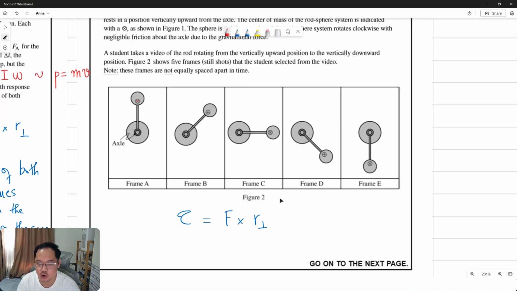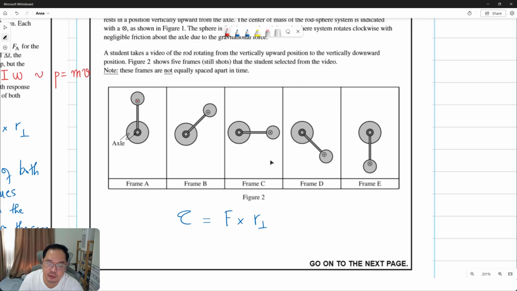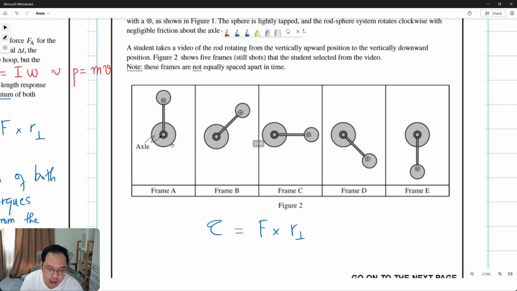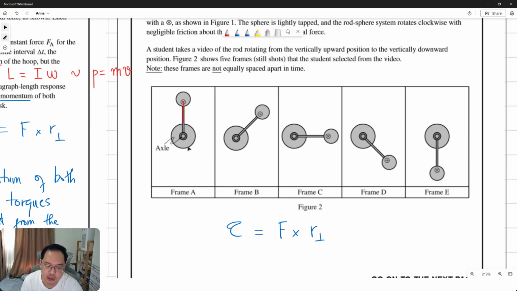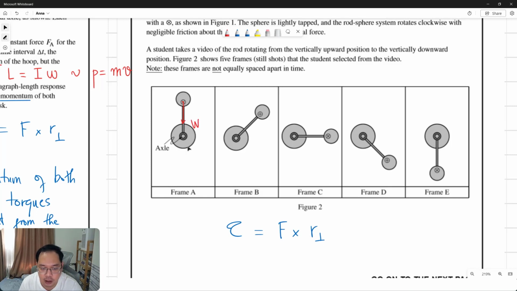All the forces acting on this object can be represented by a single vector, the resultant force acting on the center of mass of the system. This is the force, which is the weight, the gravitational attraction of the Earth. In the first case, frame A, this W, the force, passes through the axis, and therefore the distance from the axis to this force is 0, and the torque in this case is 0.